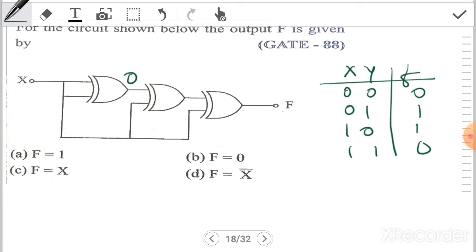Again one is 0 and one is X. So if one input is 0 and one input is x, output is x. Again x we have same, so output is 0.